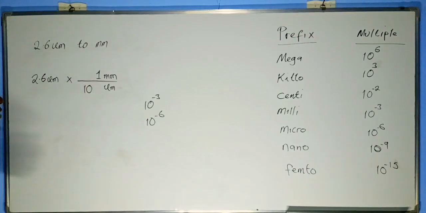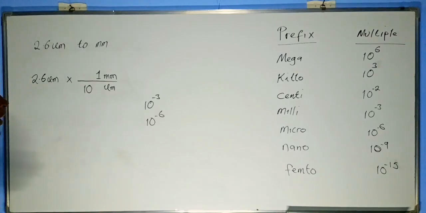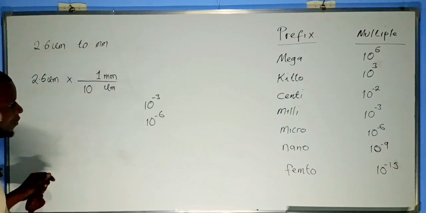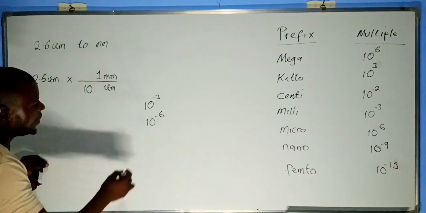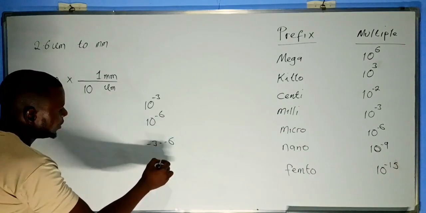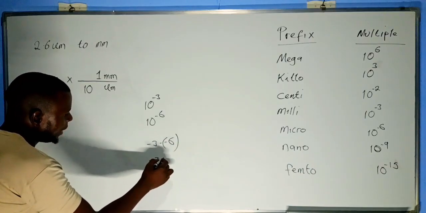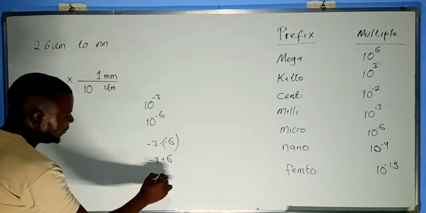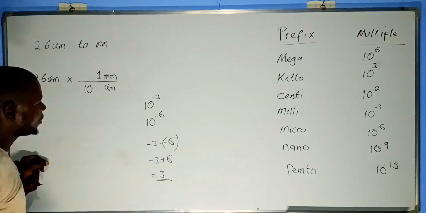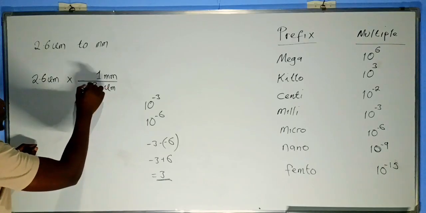That power is gotten by taking the higher power minus the lower power, comparing the multiples of the units you are converting. So we have minus 3 minus minus 6, which is minus 3 plus 6, which basically gives us 3. So the power that we have here is 3. So we'll put it.